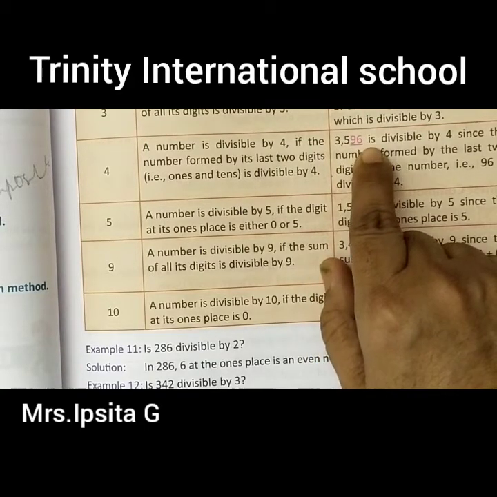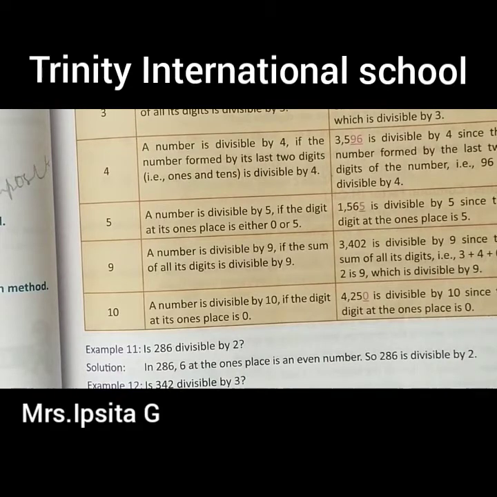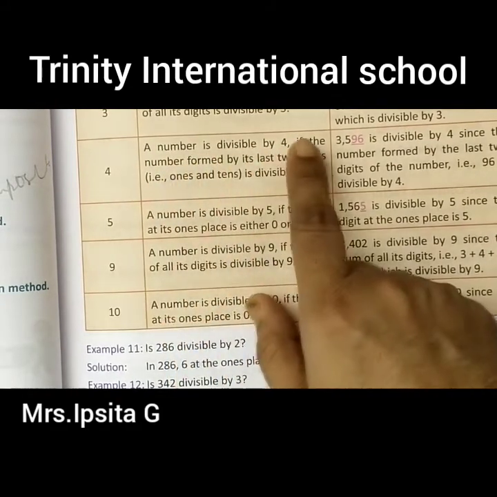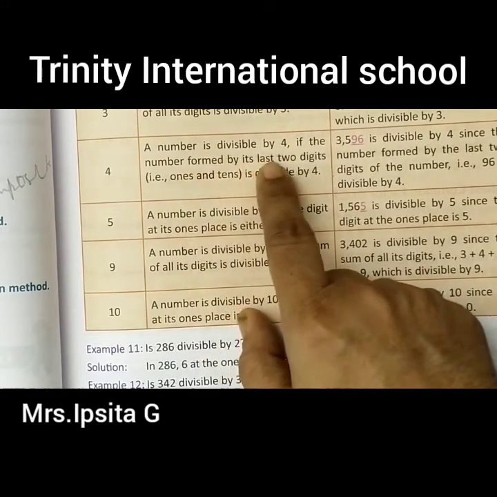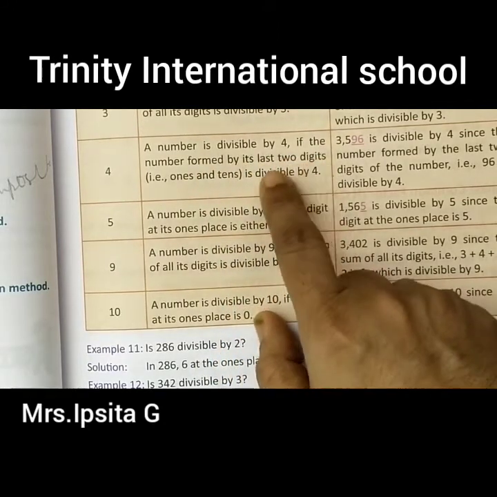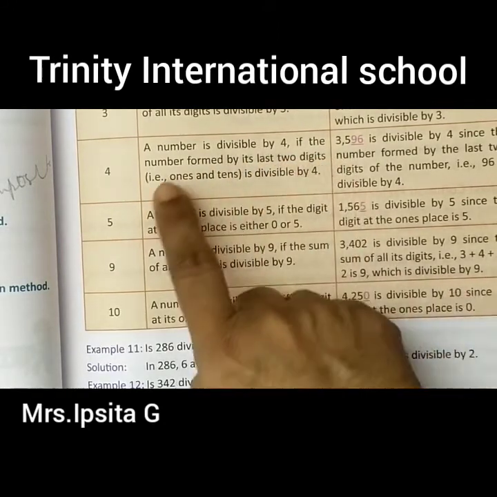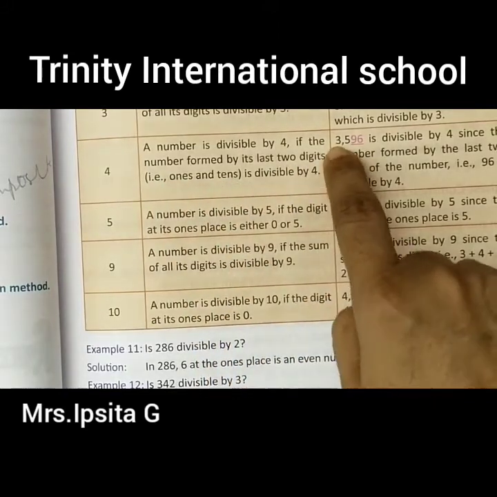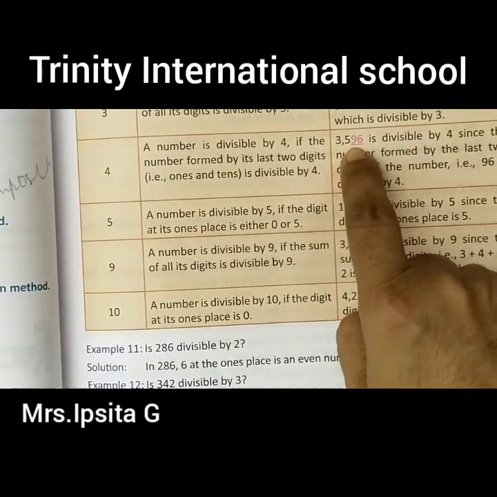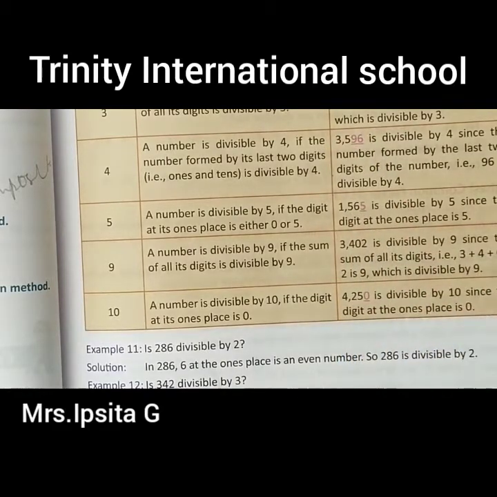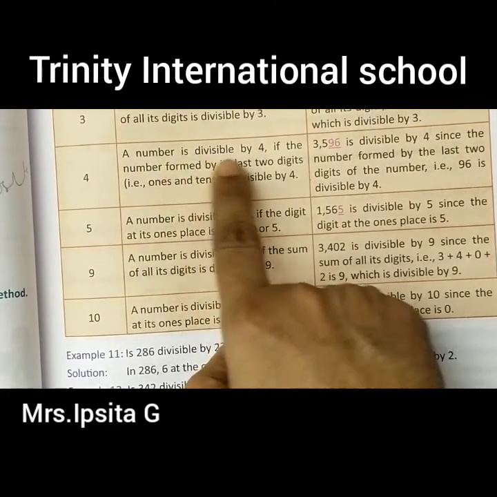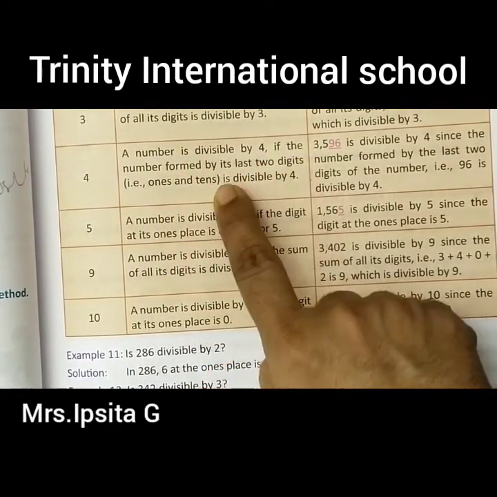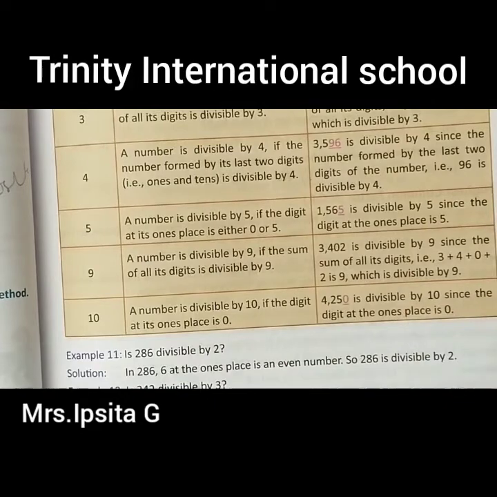3596. Okay, so according to the rule, क्या करना है आपको, if the number formed by its last two digits, तो लास्ट टू डिजिट्स मतलब वंस एंड टेंस. तो ये नंबर को देखिए, अब जो रेड में लिखा है वो टेंस और वंस के प्लेस का डिजिट है, that is 96. And you need to see whether the number formed is divisible by 4 or not.